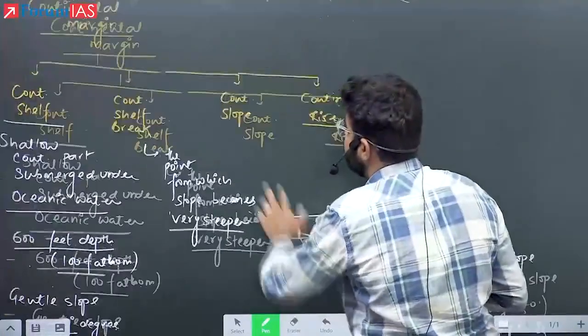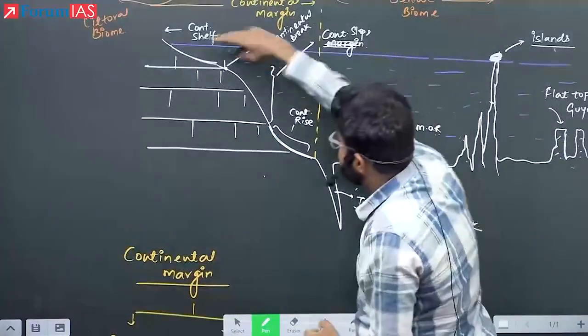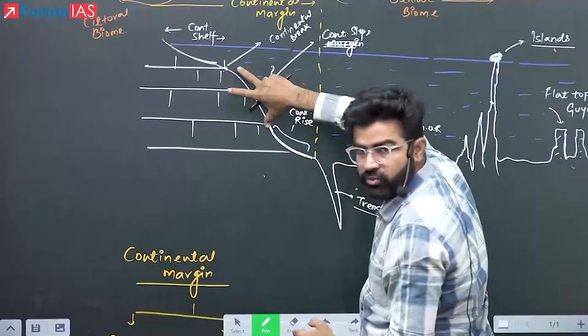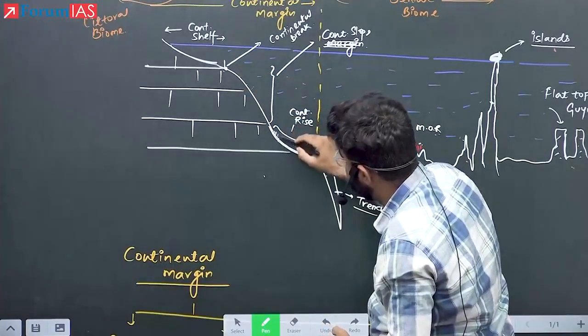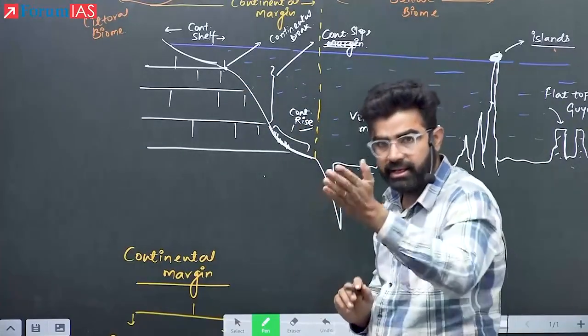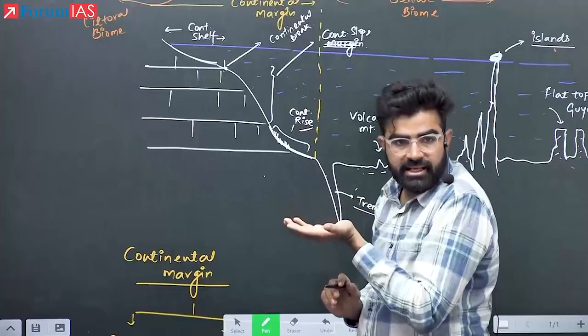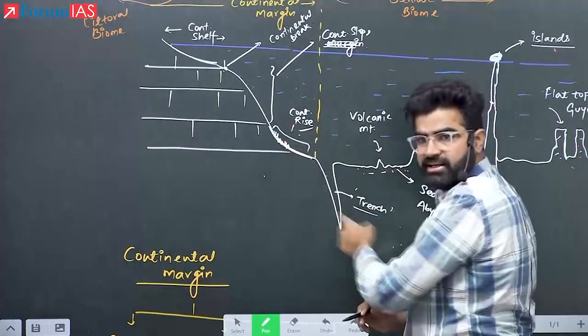See here now, let me show you this one. Here we discussed the continental shelf, then steep was the slope. Now the sediments will roll down and they will be deposited here. Okay? This is known as the continental rise, when again the continent is rising. Okay? Why is it rising? Because of rolling down of the sediments along the continental slope.